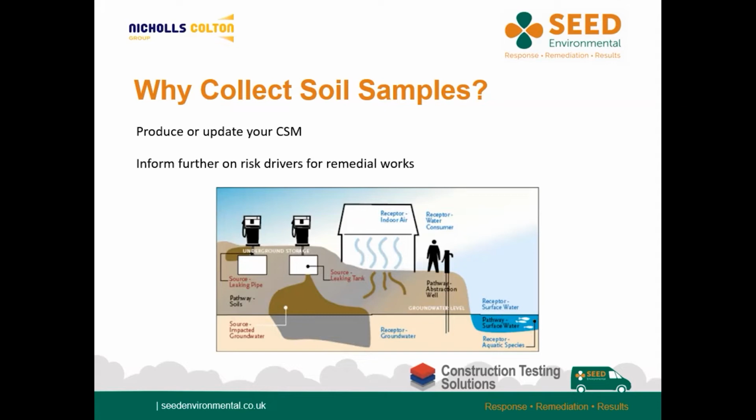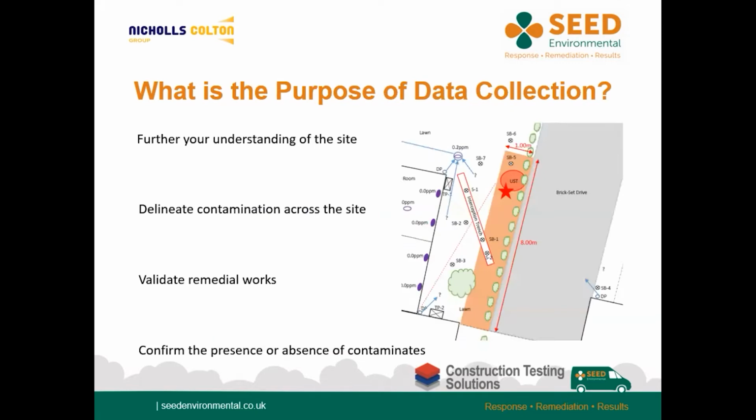Therefore, before setting foot on site, it is very important to understand what you hope to achieve with the information collected in the field. Different rationale are likely to require a different sampling approach. When you plan your site visit, you need to establish what your objectives are and how the sampling regime will enhance your understanding of the site.